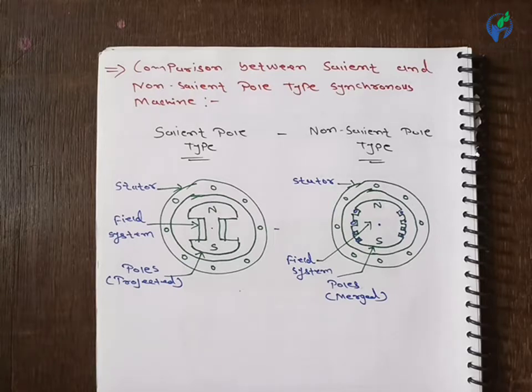We know that the damper winding or damper bars are made of copper material. These are soldered at both ends by means of a shorting ring or end rings. The field winding is made up of a rectangular conductor. This field winding is placed on a pole core.